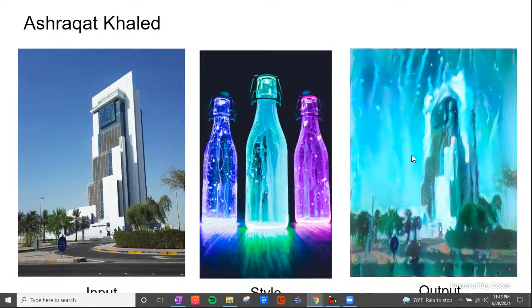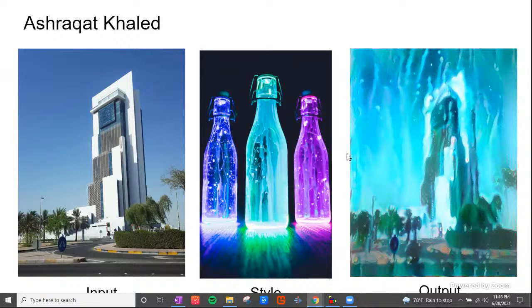At first, I did only one model, because when I tried to do the other two, I faced a problem with the software where I added the input and the style, but I didn't find it in the image output, so I didn't know what happened.